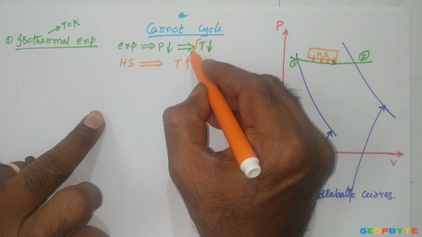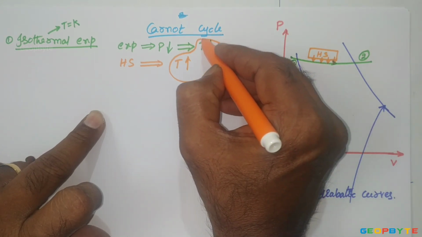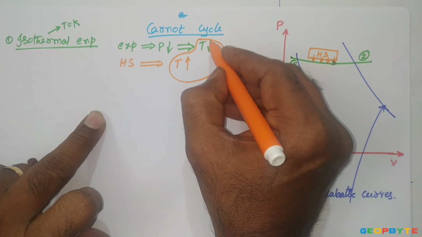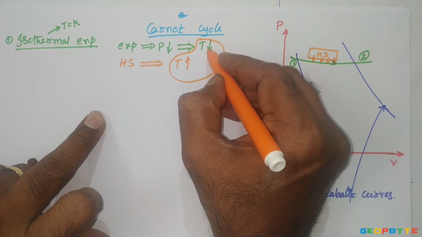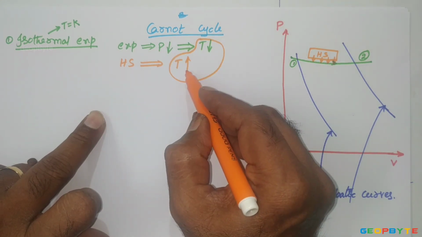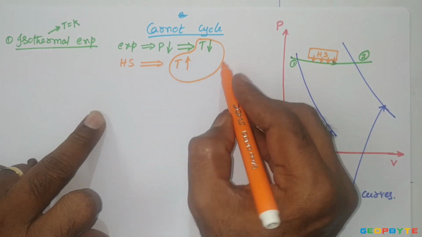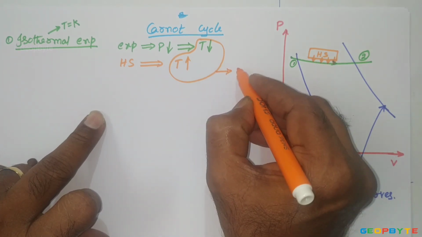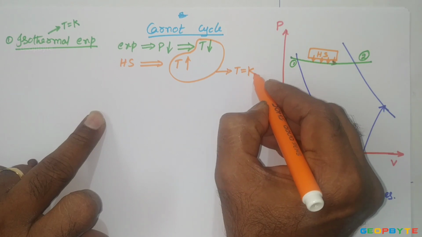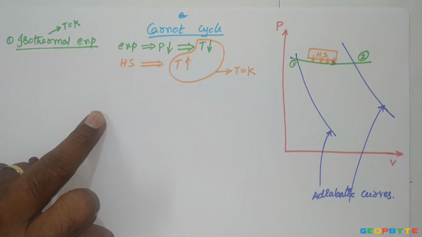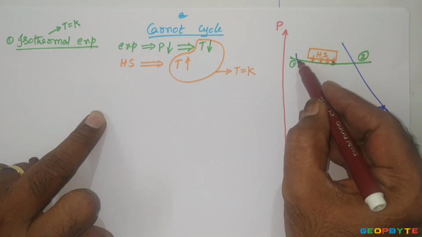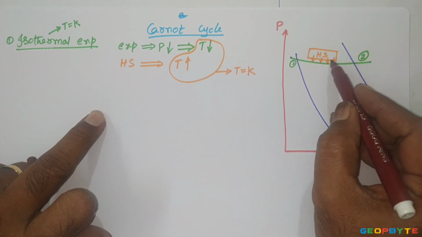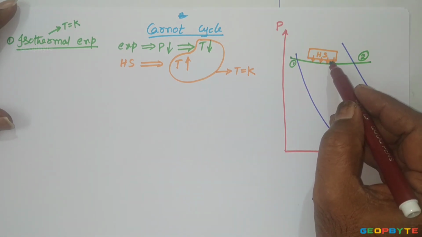The combined effect of the drop in temperature due to expansion and the rise in temperature due to heat addition maintains constant temperature. It means isothermal expansion is possible indirectly by adding the hot source.